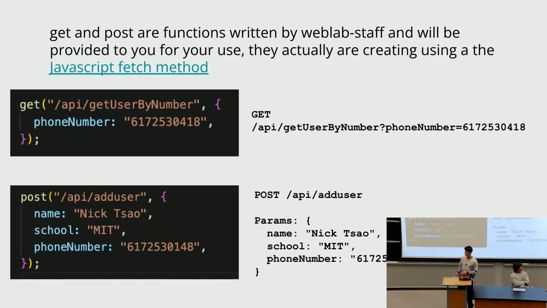And what that will look like is you feed in an endpoint and then a set of parameters. For get requests, your parameters will be put into the URL for you so that it will request the endpoint using those query parameters which are put in the URL.